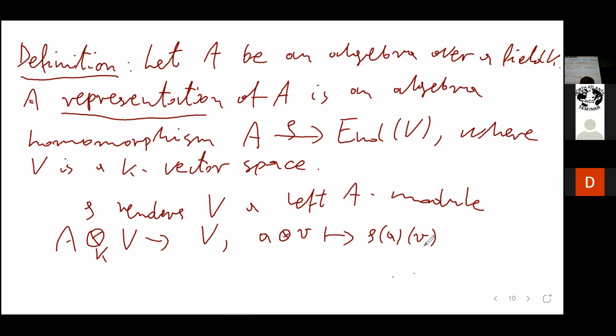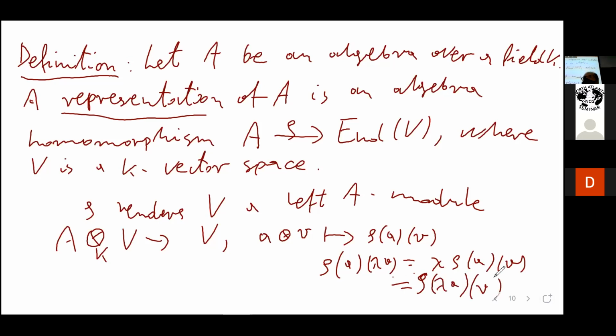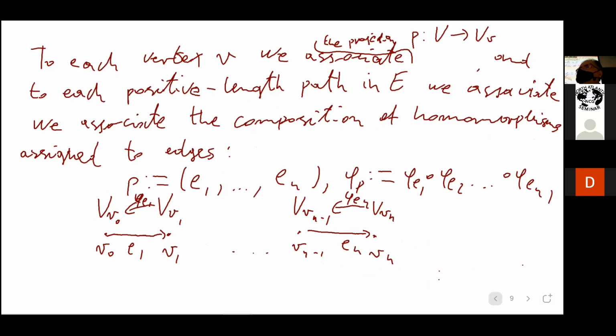And you see that it's irrelevant where I put the number. So this is really defined on a tensor product, because rho(a)(lambda v) is just lambda rho(a)(v), which is the same as rho(lambda a)(v). Then you can check all the other conditions. I think Anya was telling you what modules are, so you know how to check it. So this is just a remark, in case you are surprised why the formulas that I'm giving you are reversed with respect to the formulas you have in the big blue book.